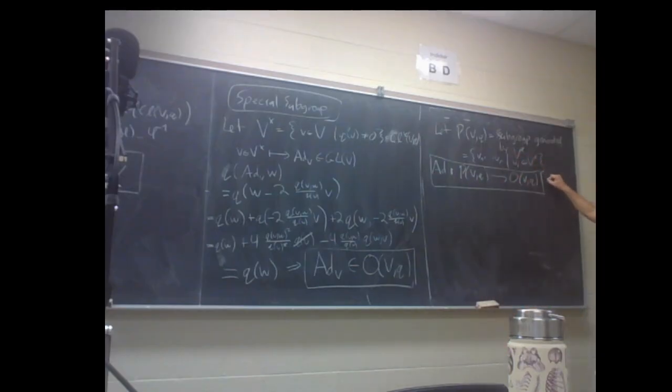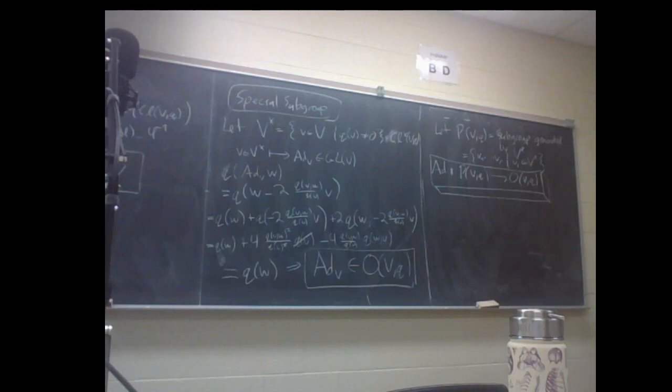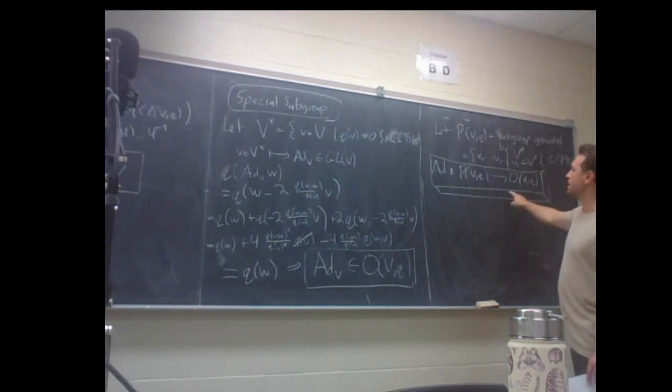So this is something that I'm going to put a big box around, because the whole point is that we found some subgroup of the group of units of the Clifford algebra itself, which has this natural orthogonal action on V itself. And so I promised I would construct pin and spin.